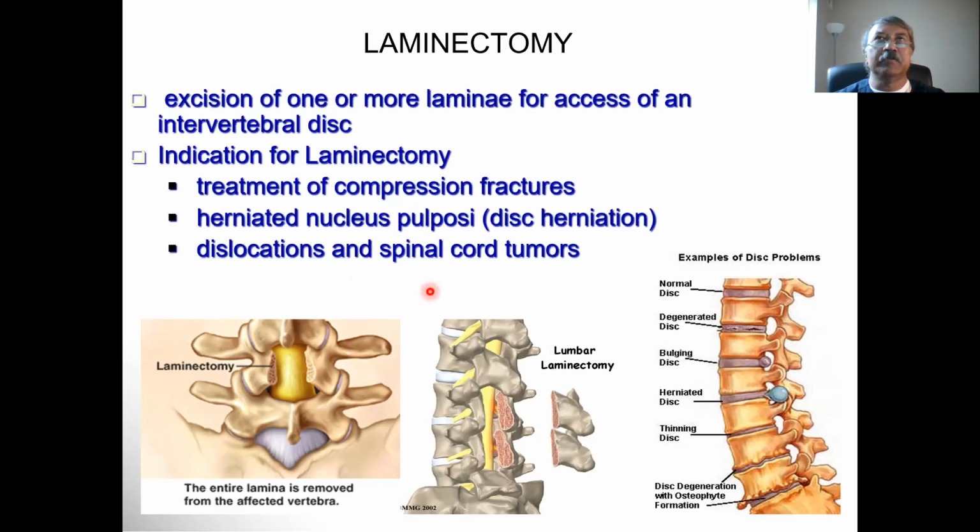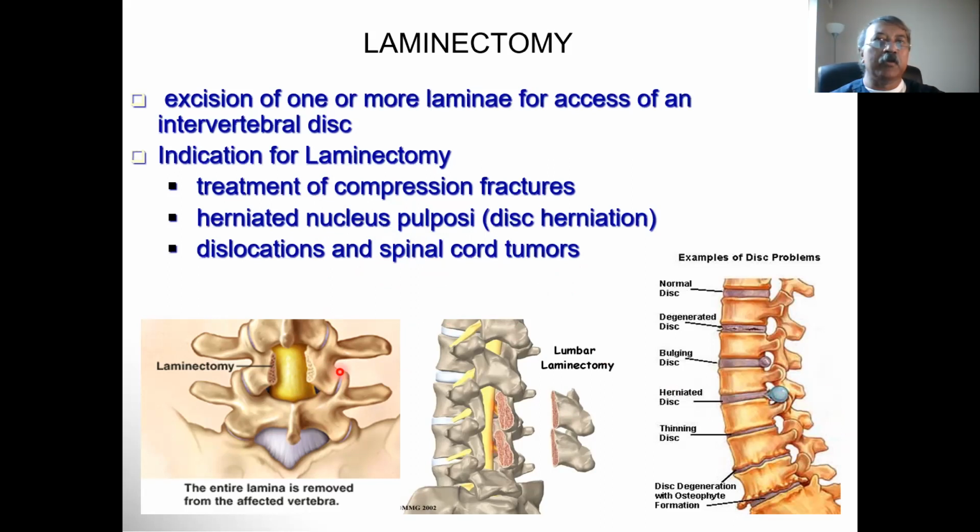So laminectomy is done first for treatment of compression fractures, like here we have. Second, disc herniation, like the picture you are seeing here, and spinal cord tumors. In order to get to that spinal cord structure, in order to get to that disc material, laminectomy is done.